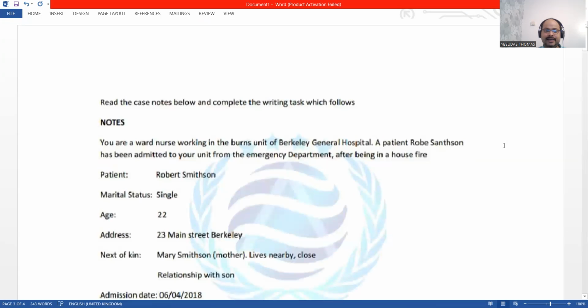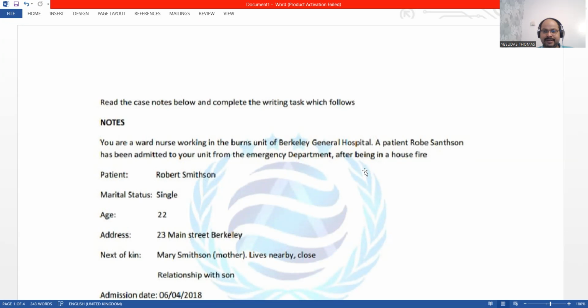You can say that you are a ward nurse working in the burns unit in Berkeley General Hospital, and the patient, Rob Sanson, that is Robert Smithson, because it's all given as Smithson.